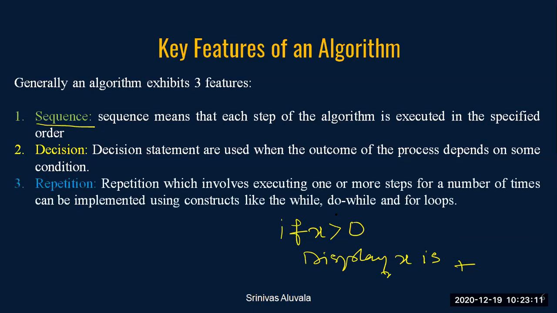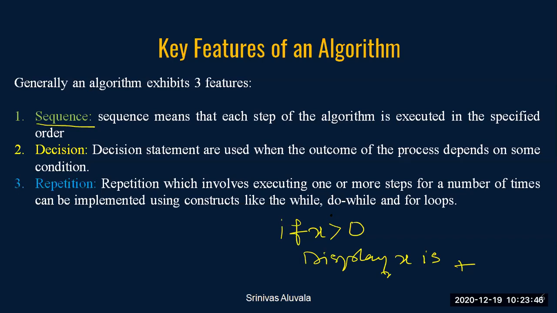And it can also exhibit one more feature, that is repetition. Sometimes one step of my algorithm must be repeated more than once, maybe three times, four times. If any step of the algorithm repeats more than once, then I call it a repetition.